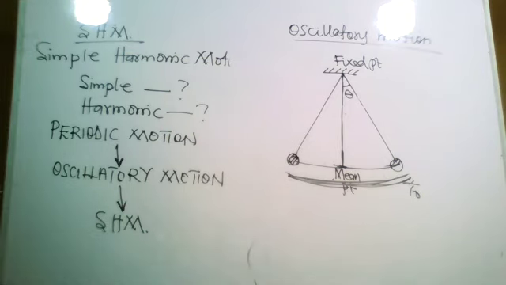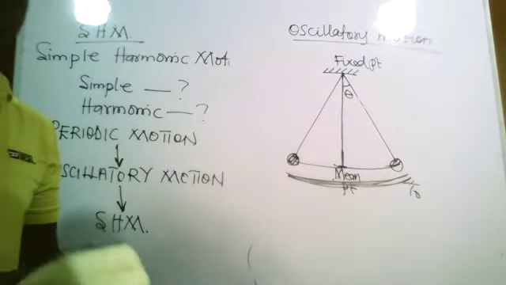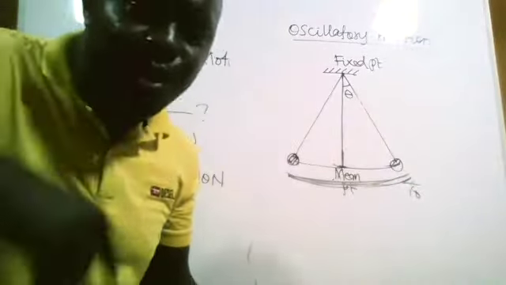So the motion of a simple pendulum shows oscillatory kind of motion. Seesaw, or a swing: somebody sits within the swing, you push, and the person will be moving to and fro repeatedly.